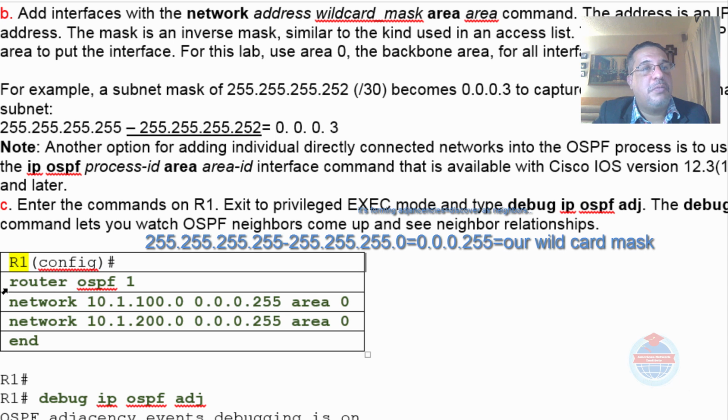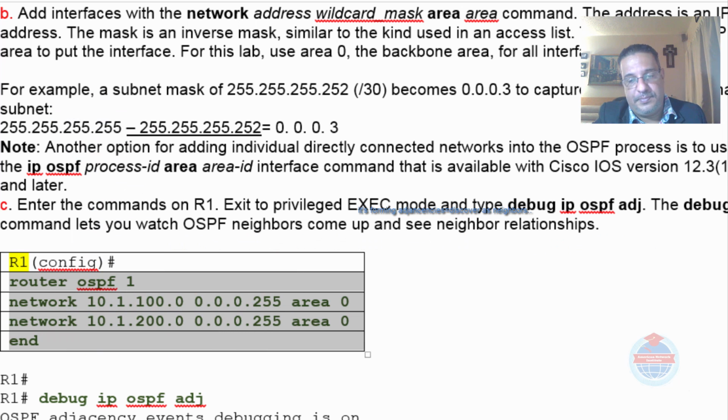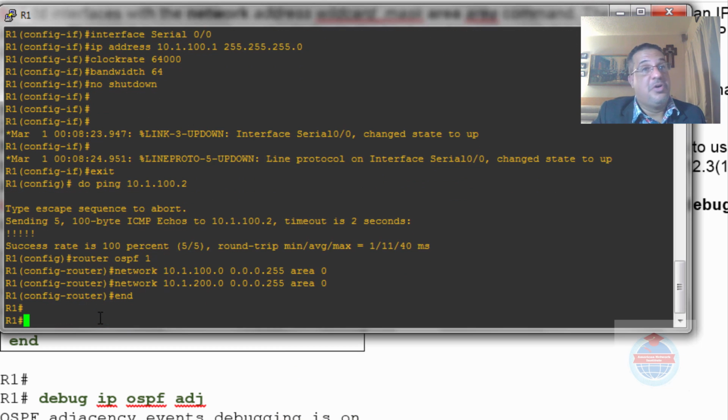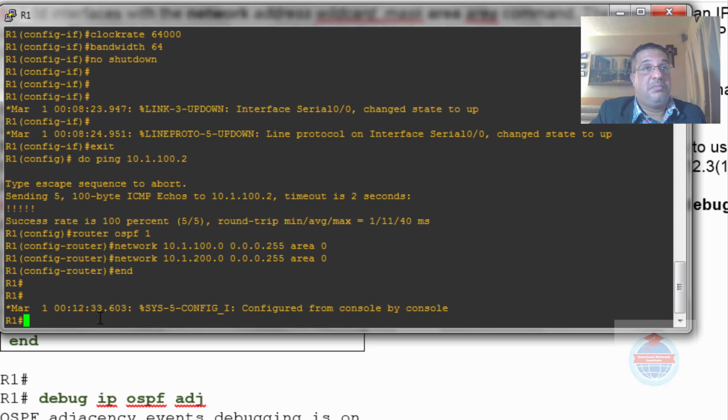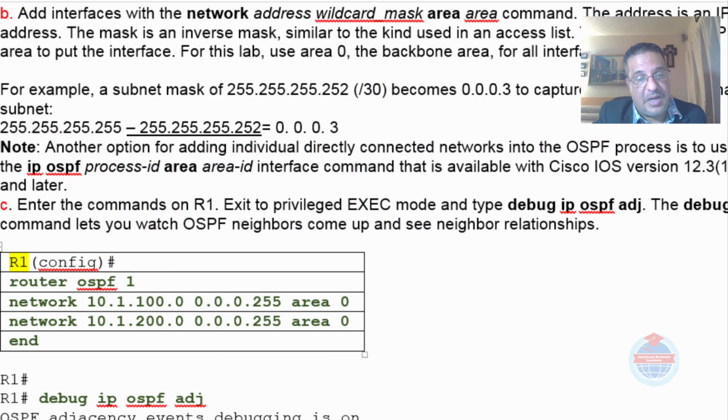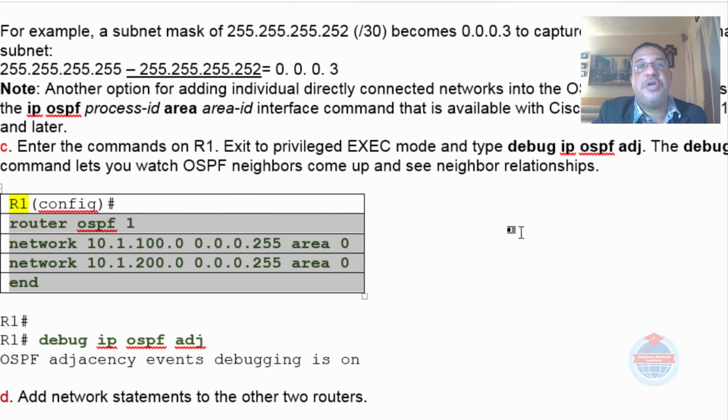So this part over here, now that we understand everything over here, we're going to do some copy. And we're going to apply this on router 1. So far what we did, we put the network protocol on. And in our lab, we're going to use this part over here.